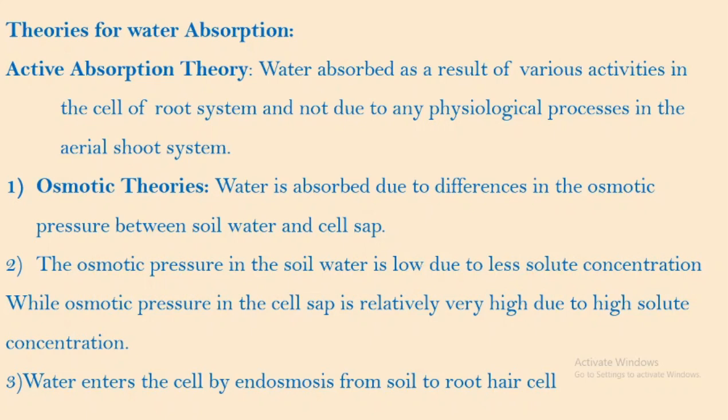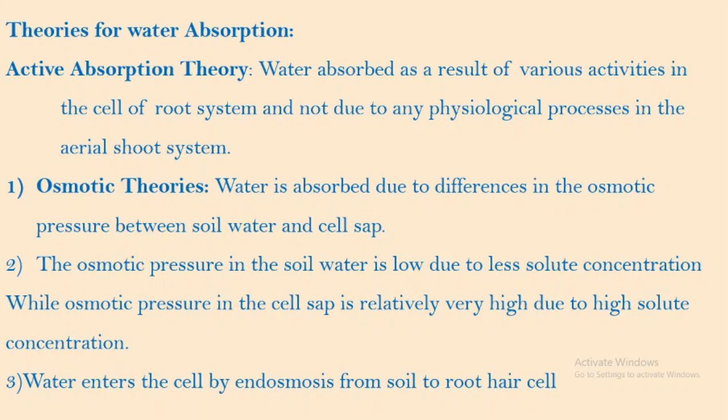Active absorption theory consists of two sub-theories, the osmotic theory and the non-osmotic theory. In the osmotic theory, water is absorbed due to differences in osmotic pressure between soil water and cell sap.